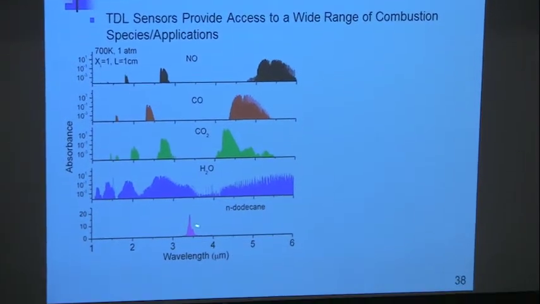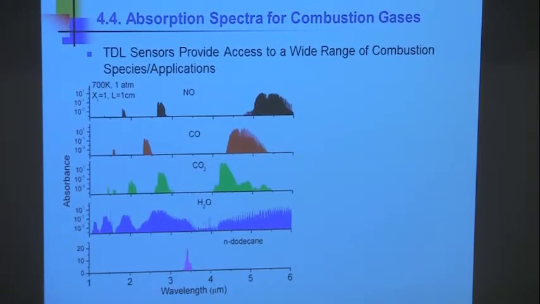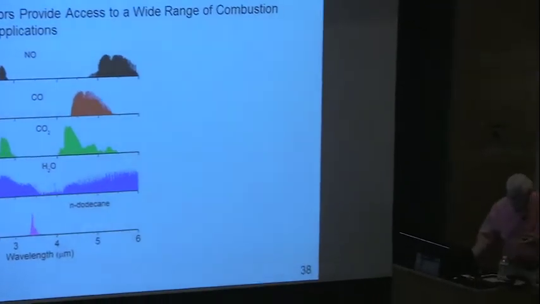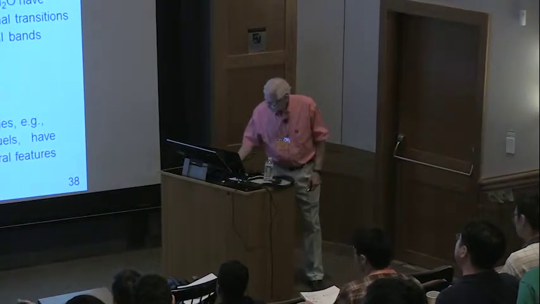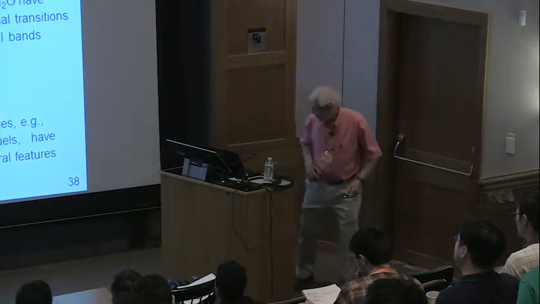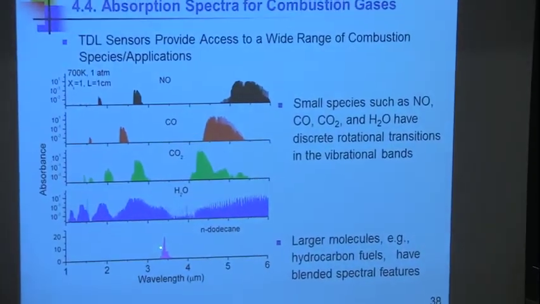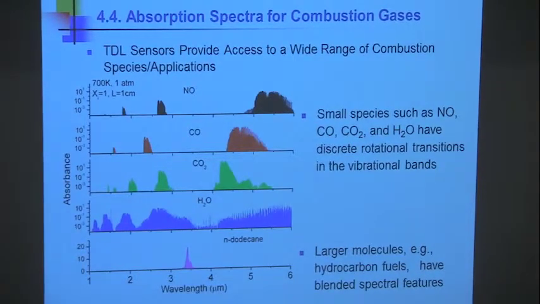If you go to the fuels, like typical hydrocarbon fuel, it absorbs strongly at around 3.4 microns. That's due to what's called the CH stretch motion. So all of these important species are infrared active. But when you go to the big molecules like the fuel molecule, there's no longer discrete lines, they're blended. And we have to deal with those in a different way.